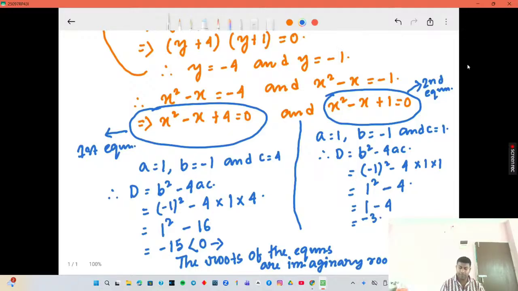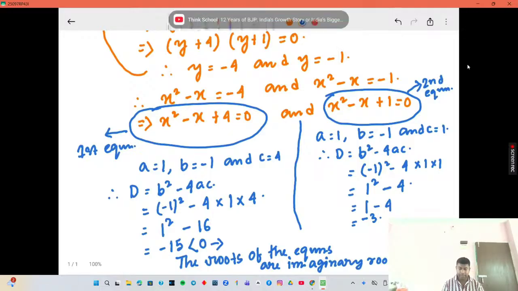So here we can find that the roots of these equations will be imaginary roots.